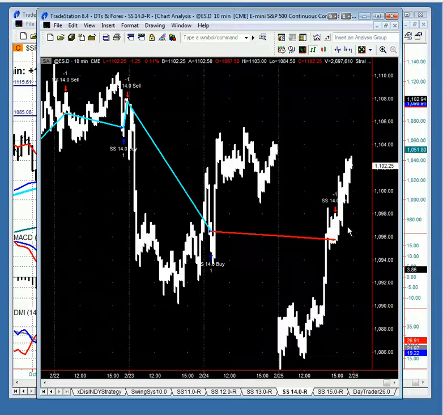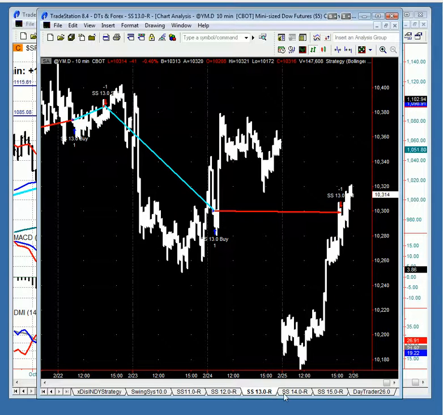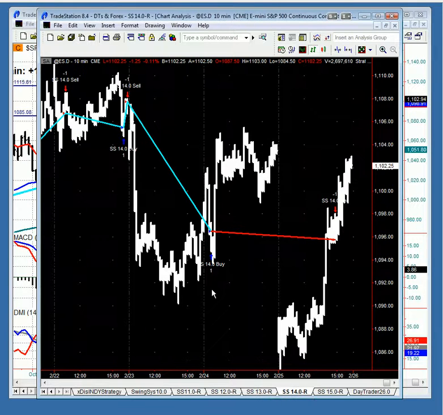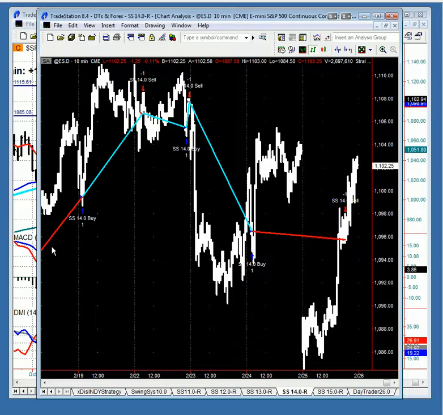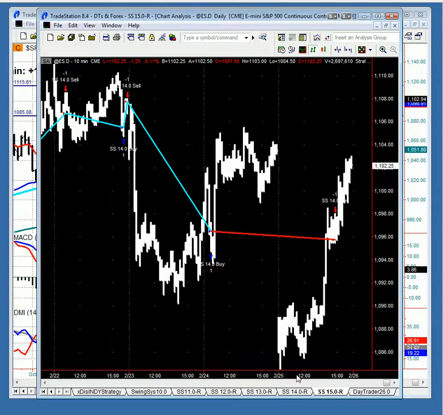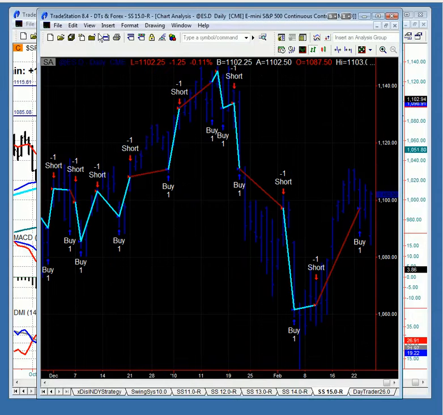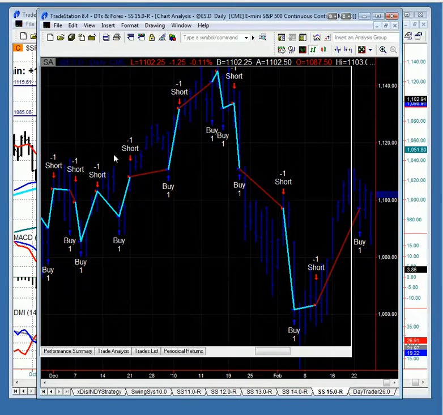Going short right here is the swing system 14.0R, and after catching some beautiful trades right there, a loss right there eats into that one, but overall doing quite well. And here's a new swing system 15.0, and we'll just look at that.